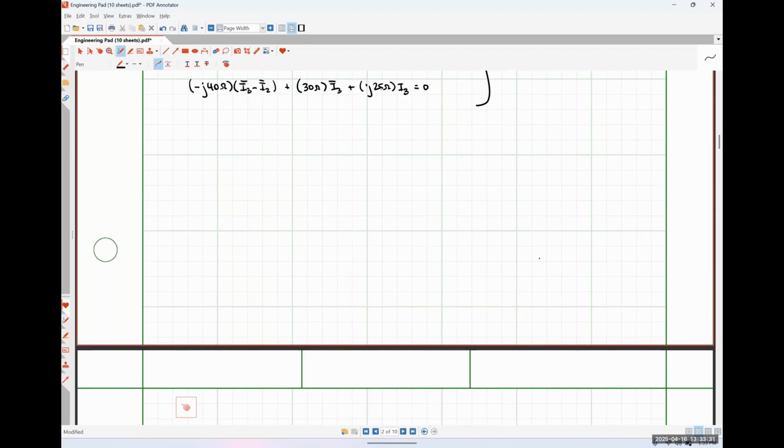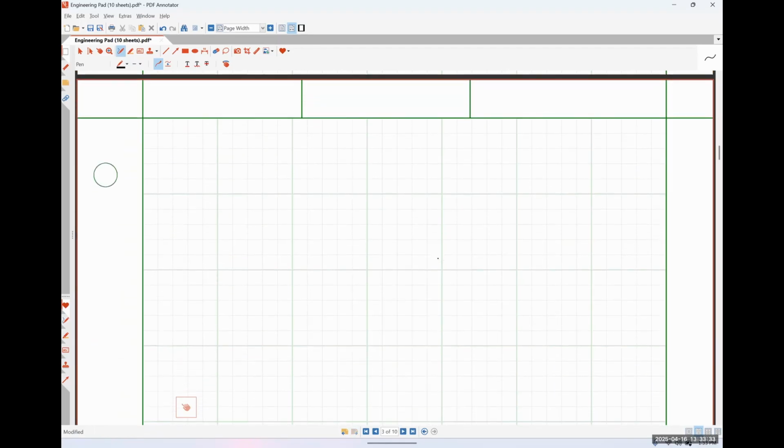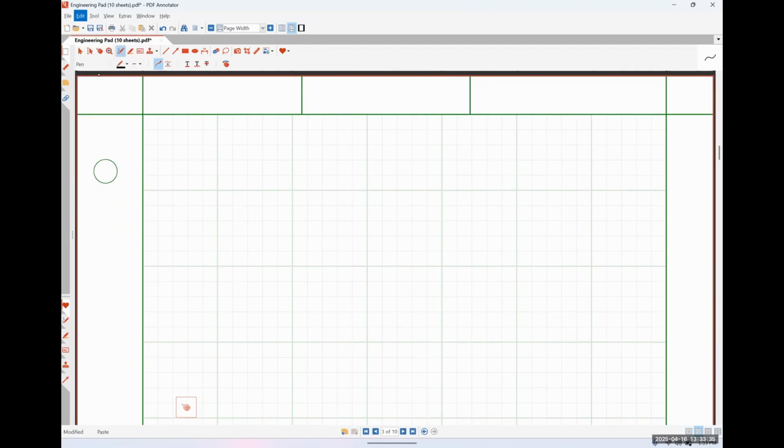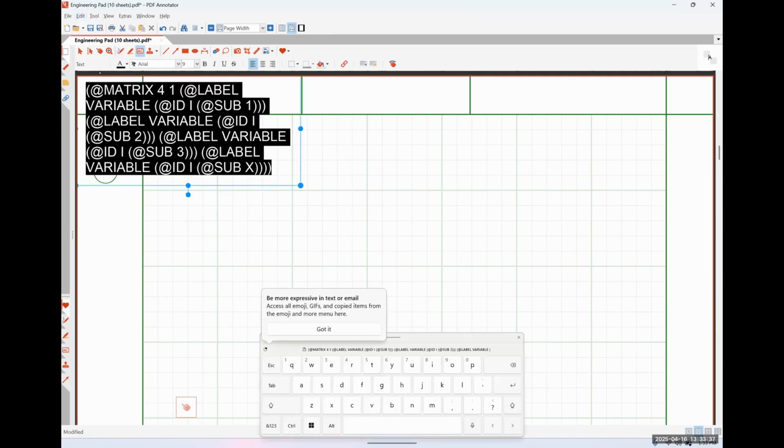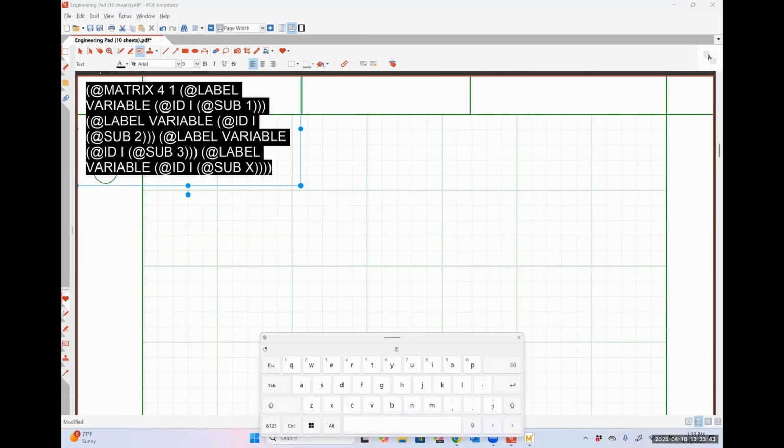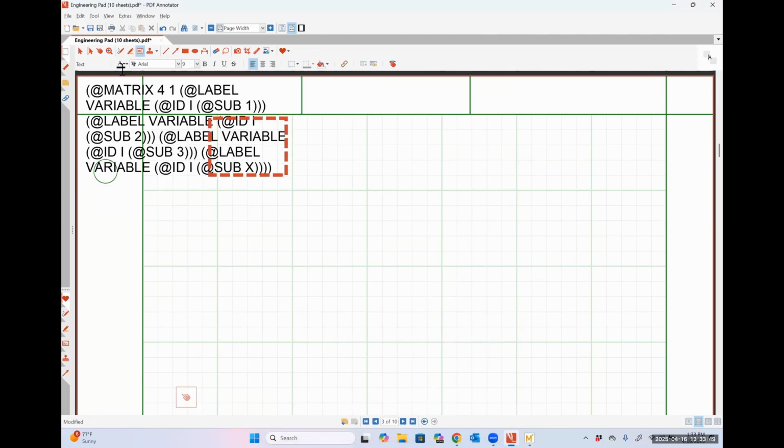All right, nodal analysis. Well, that doesn't help me at all. Oh, that is it freaking out. Oh, Control Z, Control Z, Control Z. Get rid of that dumb thing.